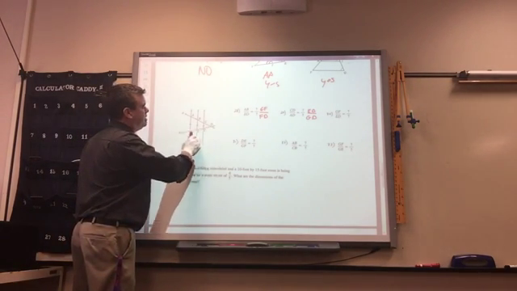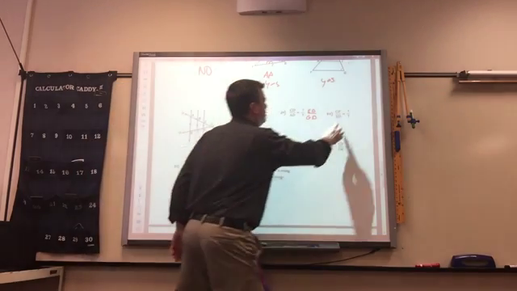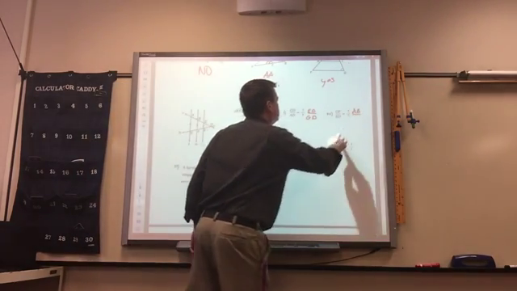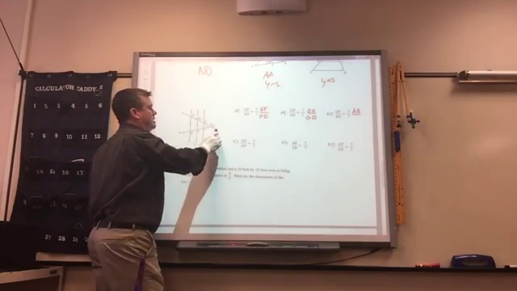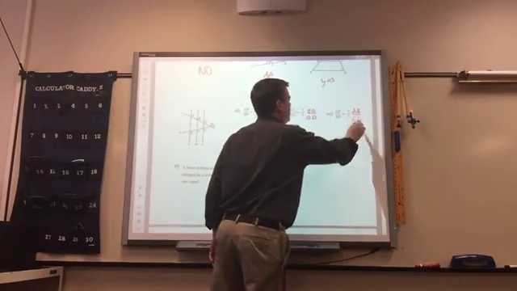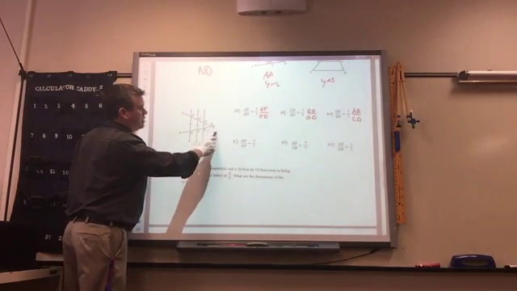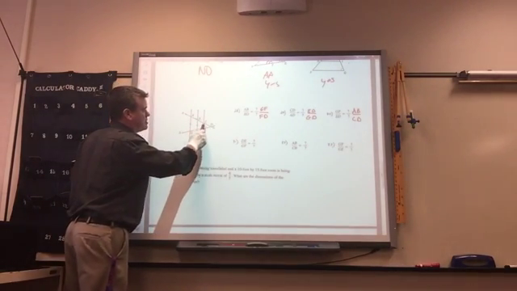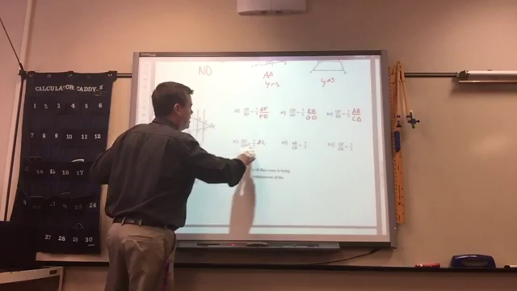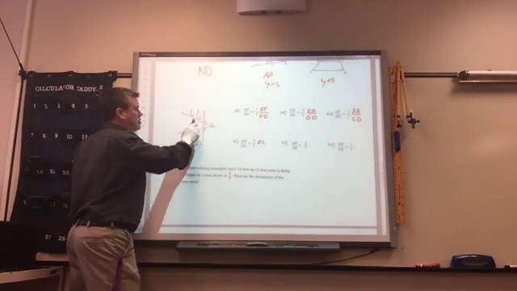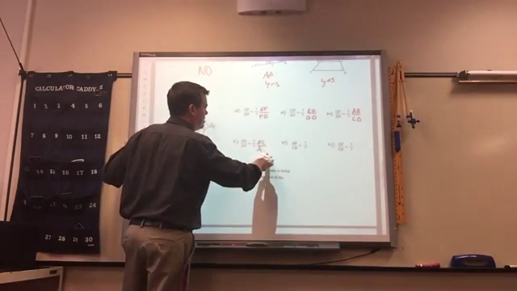GF to ED, GF corresponds to AB, and ED is to CD. DD corresponds to DC, and GF corresponds to AB.